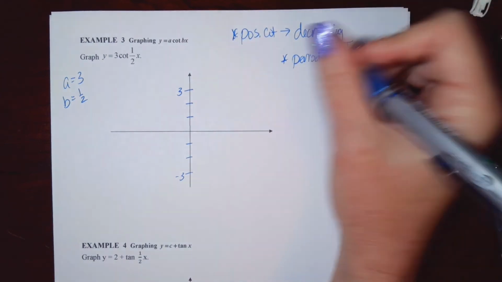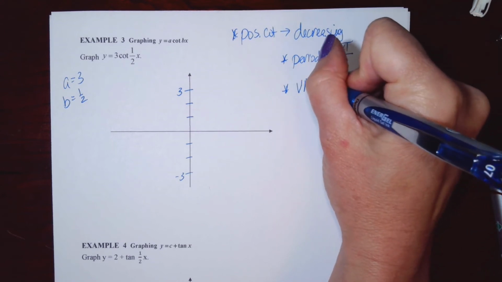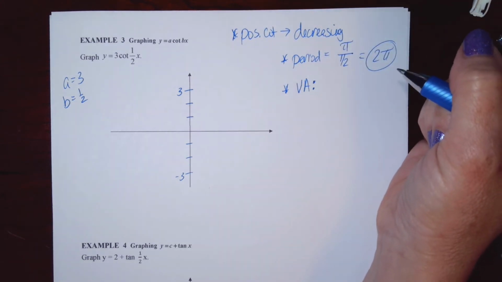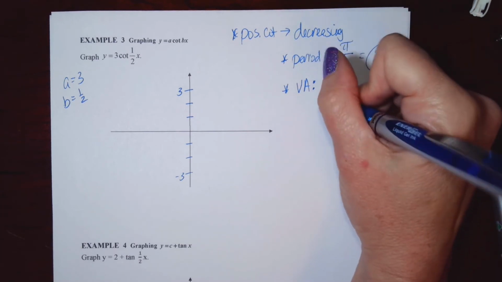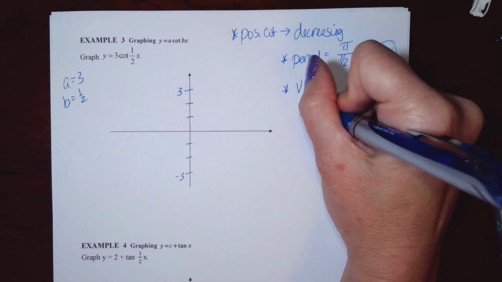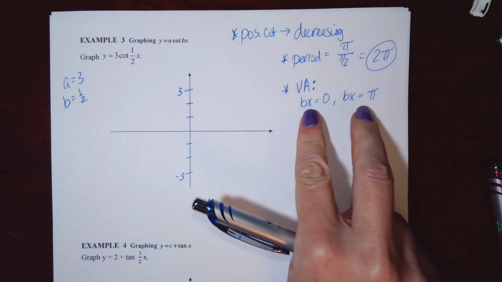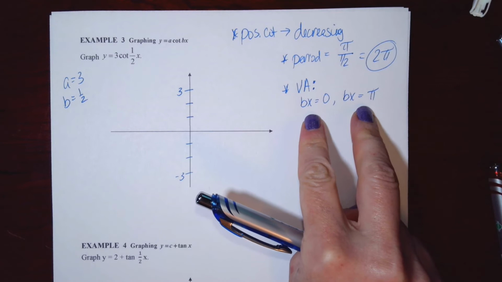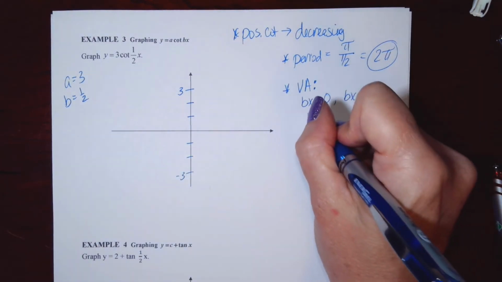Now, when I start my vertical asymptotes, I am doing cotangent. Cotangent is not undefined at the odd pi halves. It's undefined at the full values of pi. So my vertical asymptote equations start differently. They start at 0 and pi. Then I plug in my value for b.